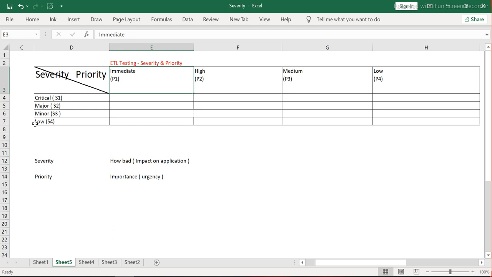So here you see critical, right? Critical means nothing is working, everything is stopped, and you cannot really progress with any kind of testing. You have to actually stop your whole testing. That is the kind of bug which is basically called a critical bug. Okay. I hope you understand, right?